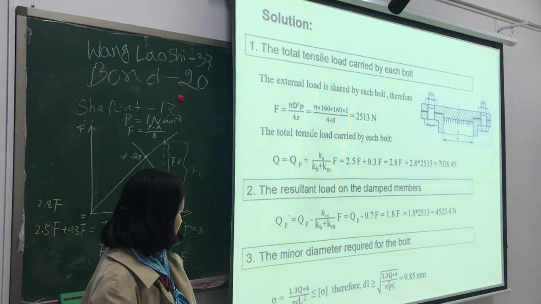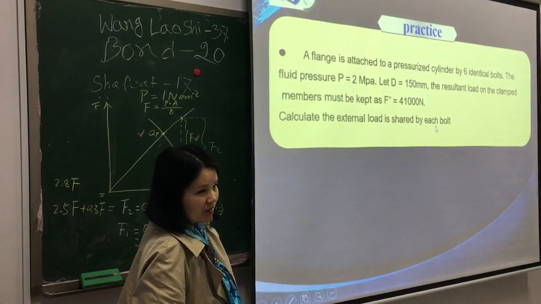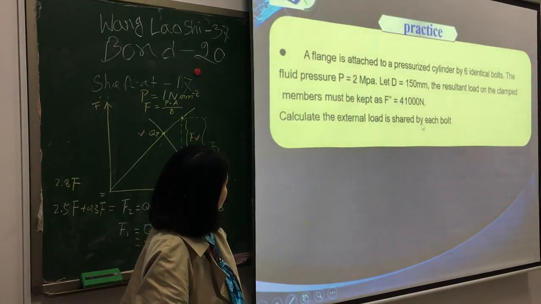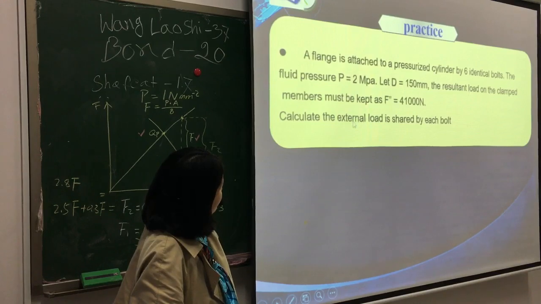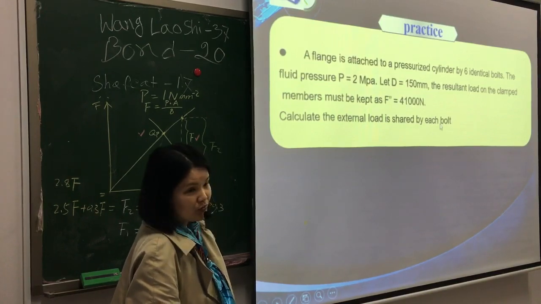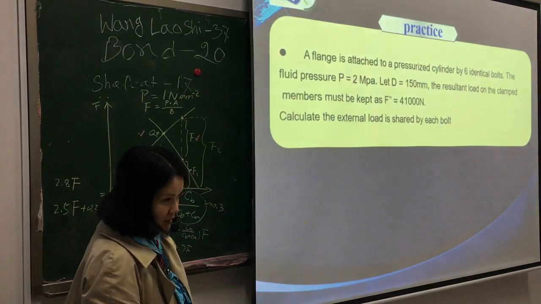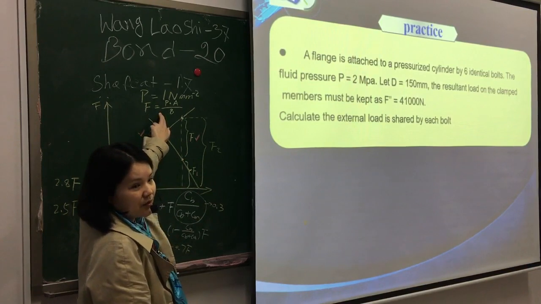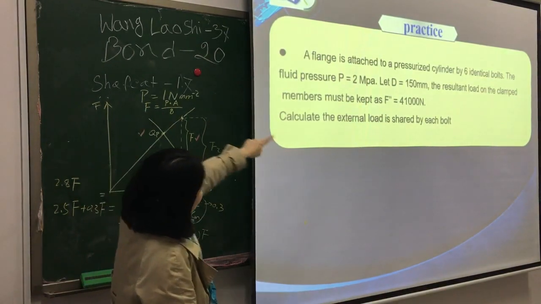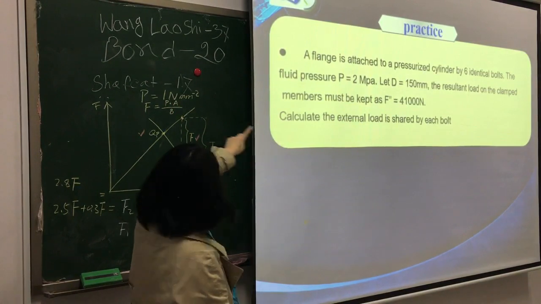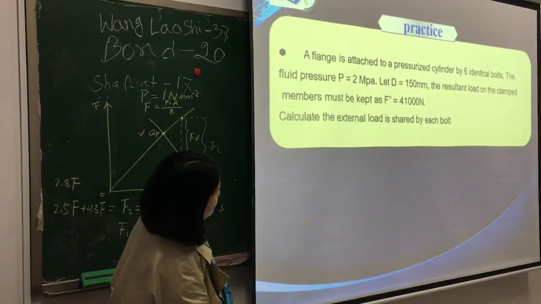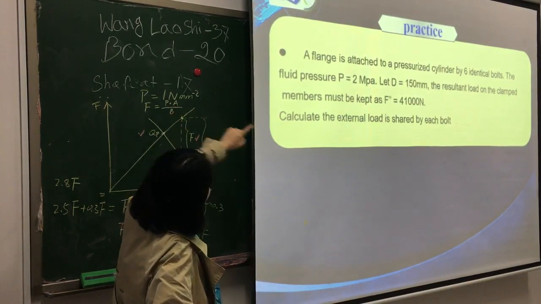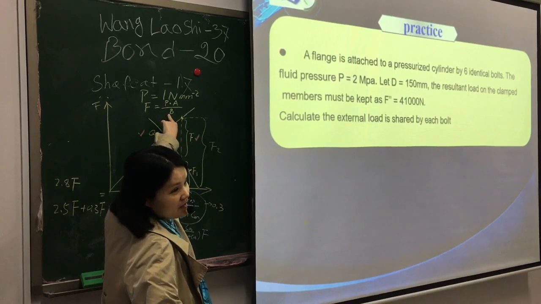We use this sigma. Calculate the external load shared by each bolt. We use this equation. P is 2 megapascal, and we can calculate A, and the number of bolts is 6.